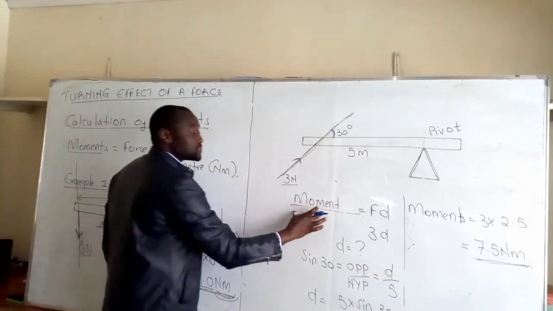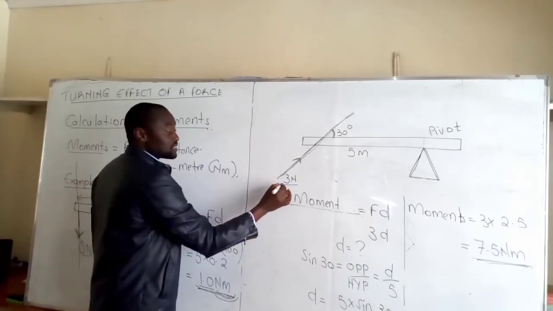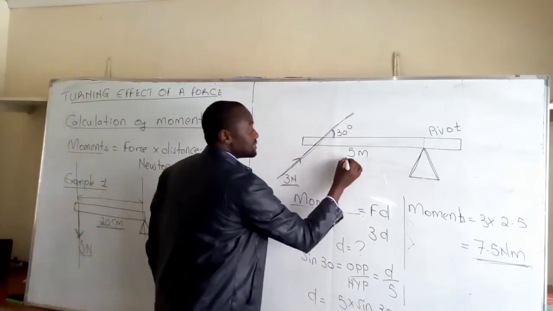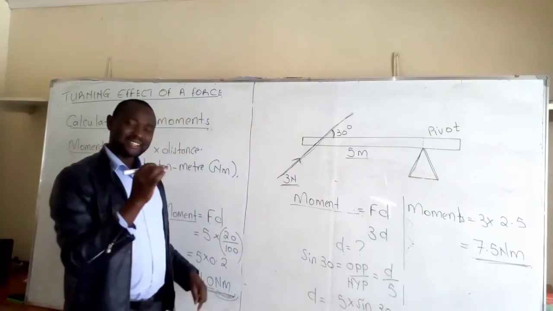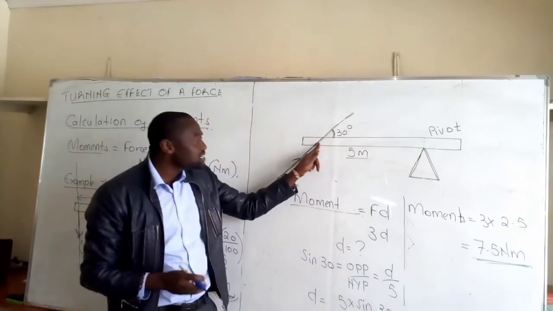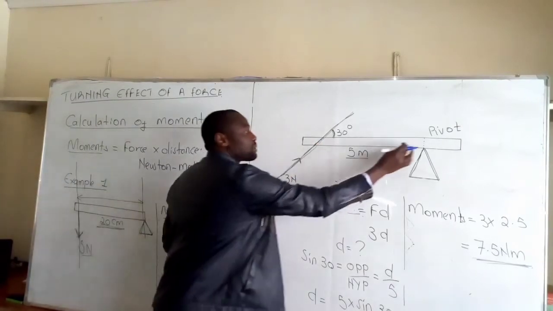Our moment should be force times distance. Our force is 3 newtons. Our distance is 5 meters. This is the distance from the pivot to the point at which the force is acting. But is this the perpendicular distance?